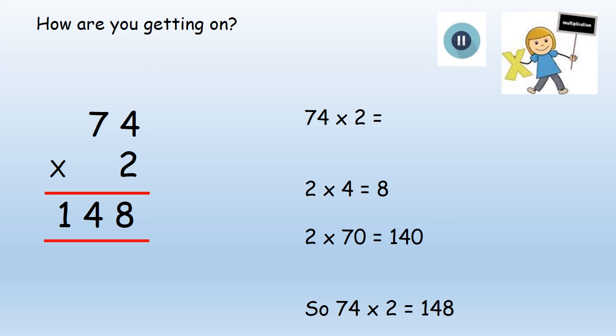Are you ready to check the next one? 74 times 2. 2 times 4 equals 8. So you should have written the 8 between the lines. 2 times 70 is 140. So 74 times 2 equals 148.